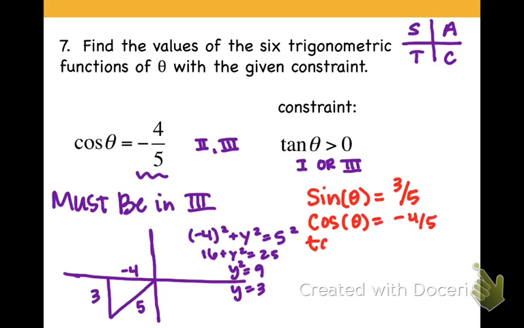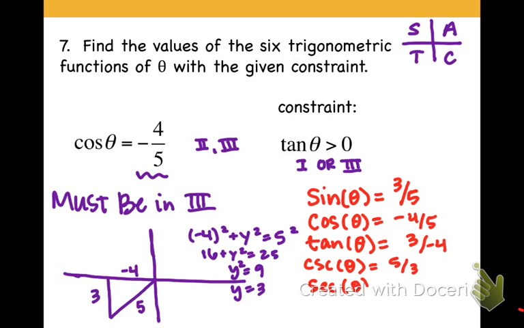And then tangent is opposite over adjacent, so that's going to be 3 over negative 4. We can do all of our reciprocal functions as well. Cosecant, we take that sine and flip it upside down, so we get 5 over 3. Secant, we flip the cosine, so we get negative 5 over 4.